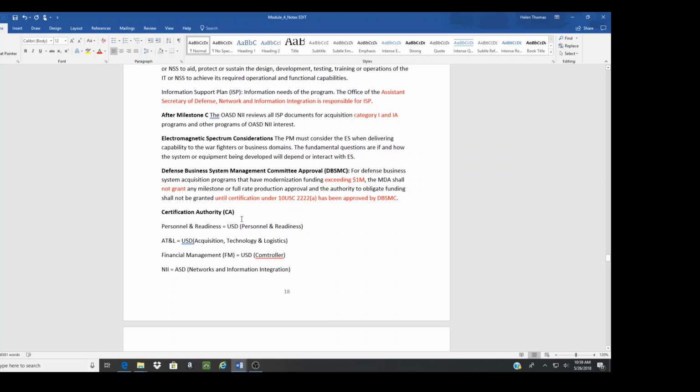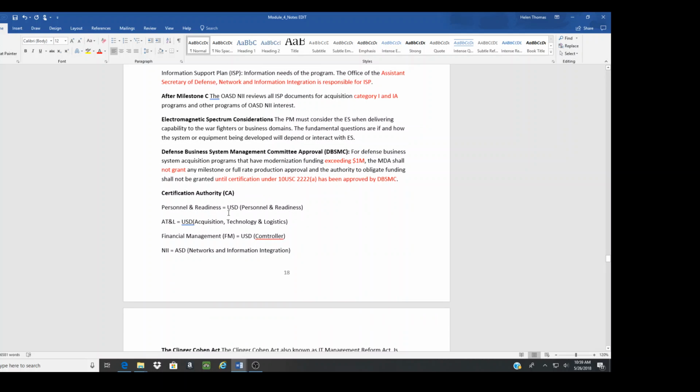So certification authority. Personnel and readiness. So these are the ones who will approve. Personnel and readiness, U.S. Department, so the chief of the Secretary of Defense, personnel and readiness.